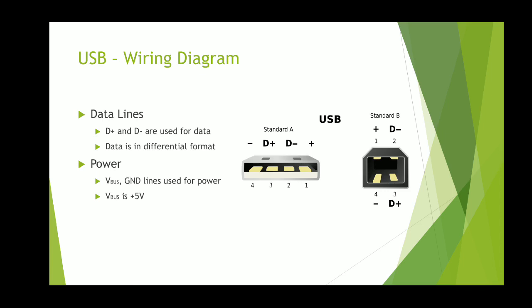Along with the data lines, there are also power lines, denoted as V bus and ground. The voltage of the V bus is plus 5 volt and the ground is at 0 volt. Here in this image, the V bus is denoted as plus and the ground is denoted as minus.